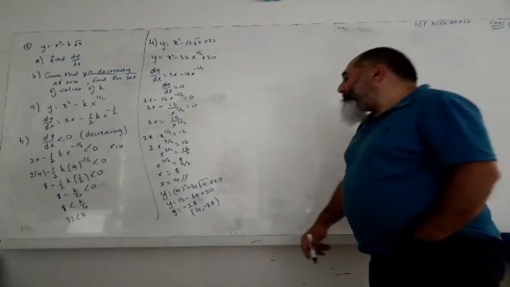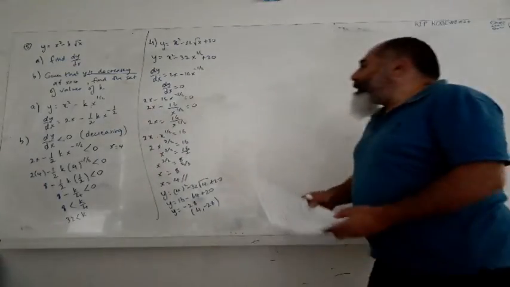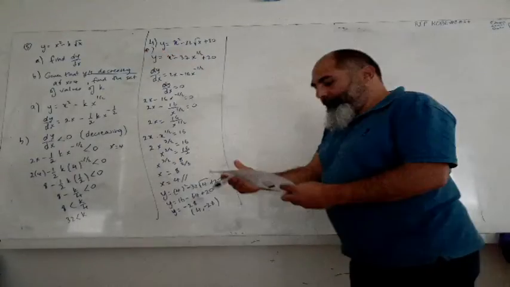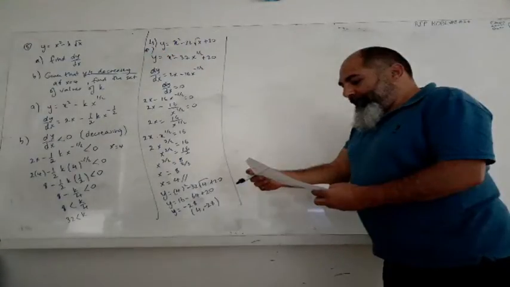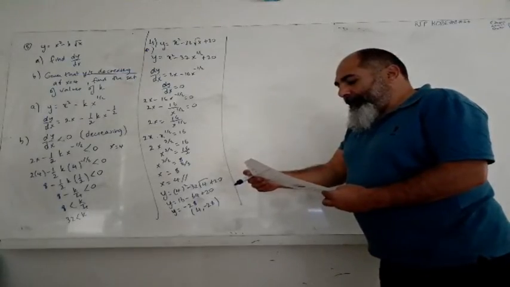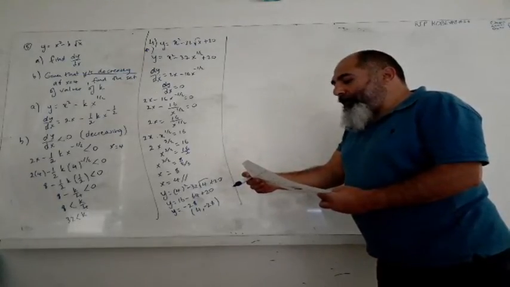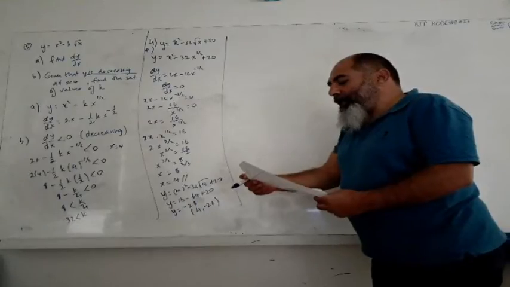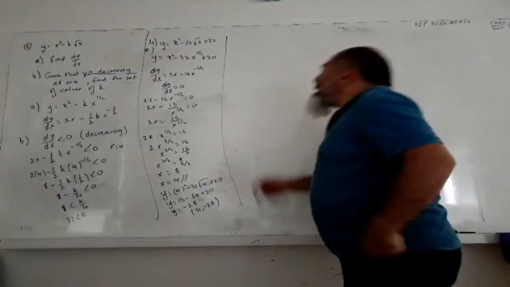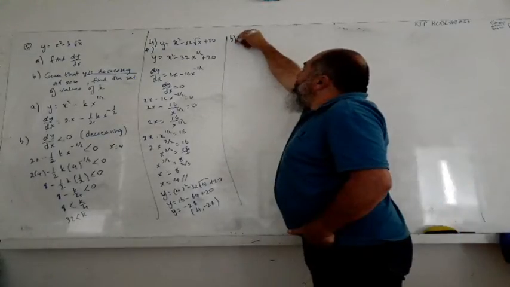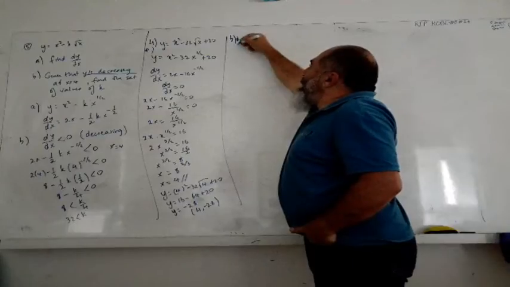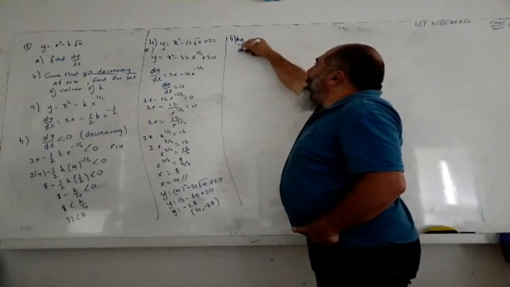And what was part B of the same question? It says here, determine the nature of the stationary point. That means find the second derivative using the first derivative, which is 2x minus 16 x to the power of minus 1 over 2.